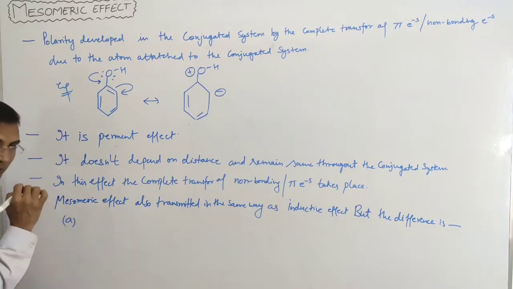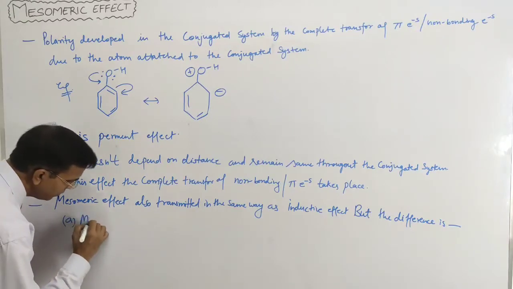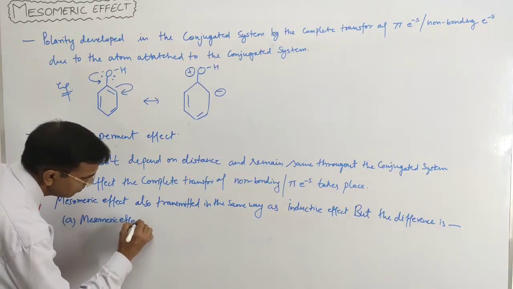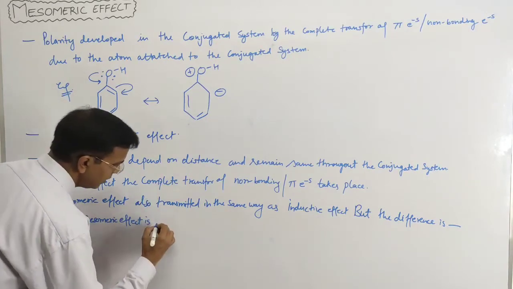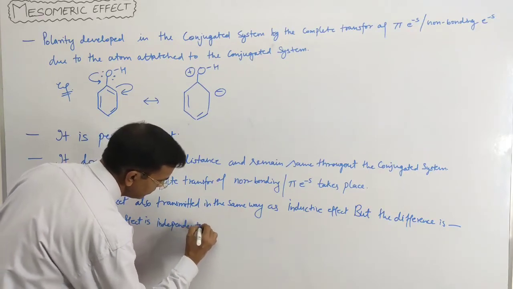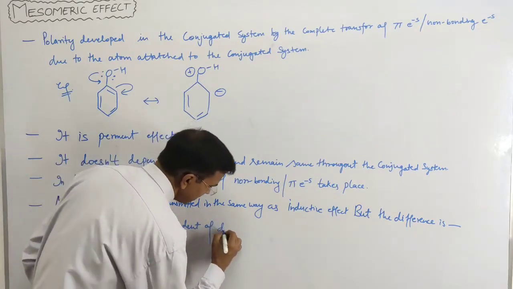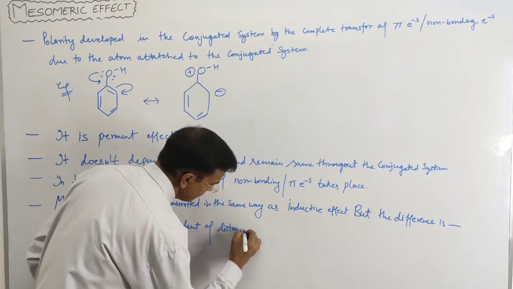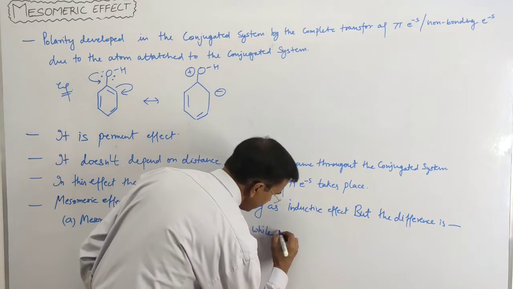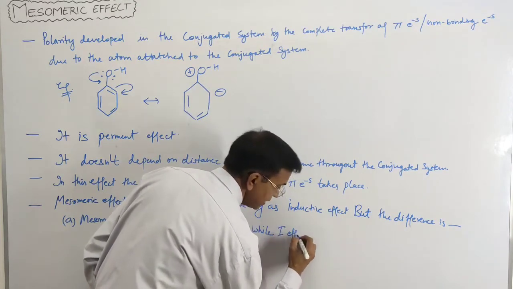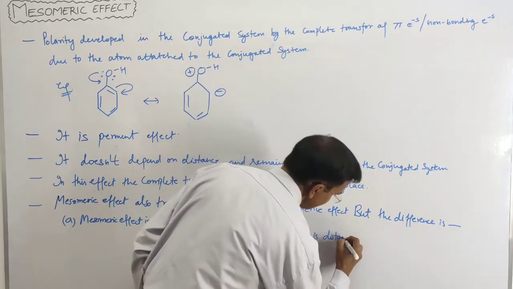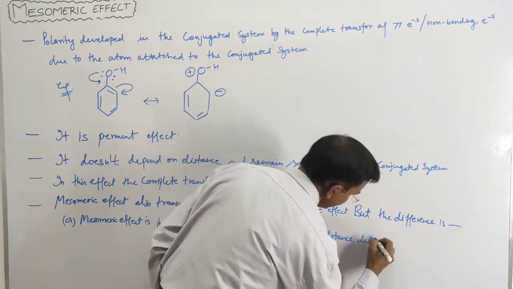First difference A, mesomeric effect is independent of distance, while inductive effect, I effect, that is distance dependent.